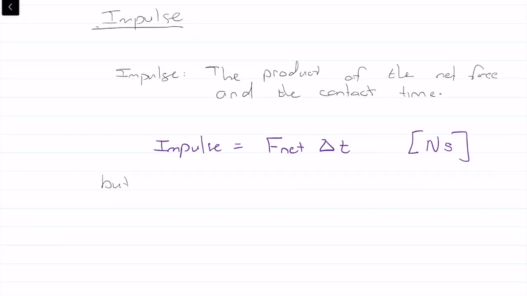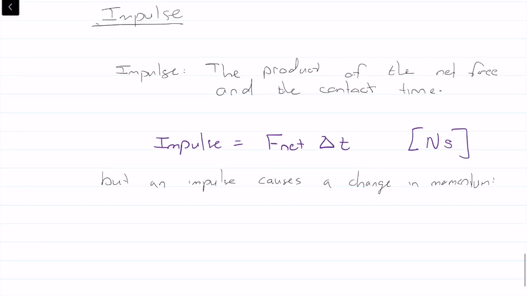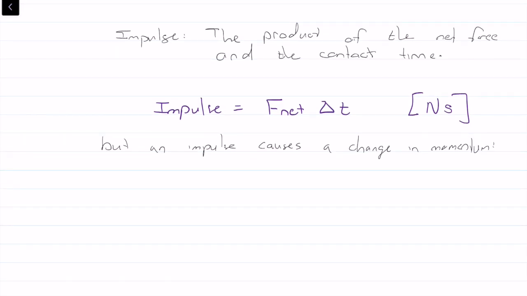An impulse causes a change in momentum. Therefore, we can say that impulse is equal to change in momentum, which we've already discussed.